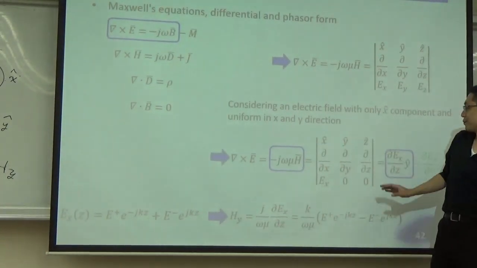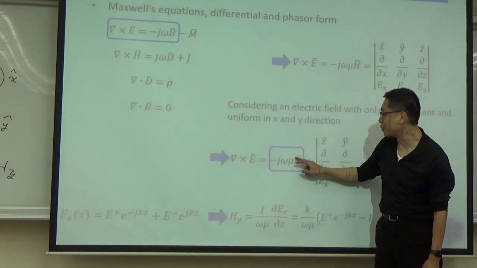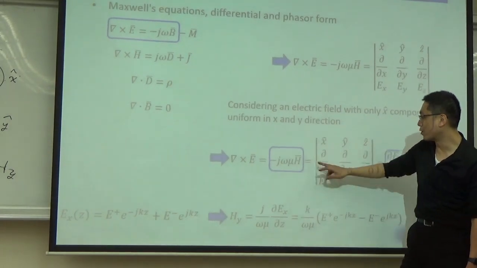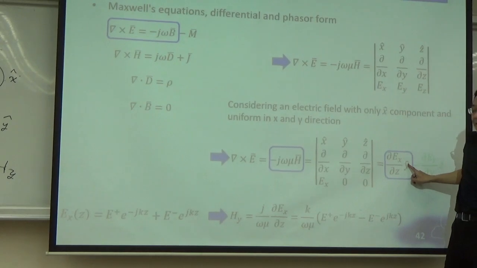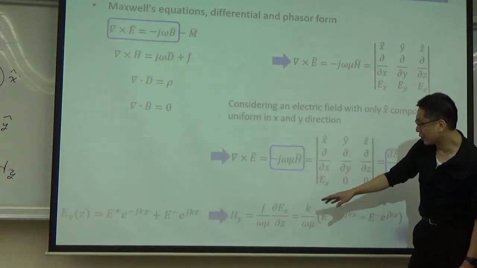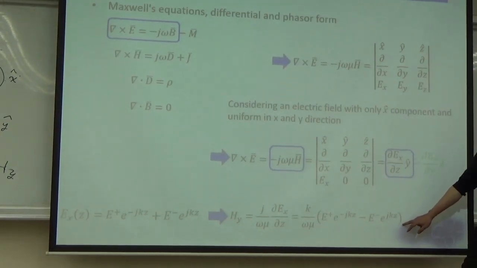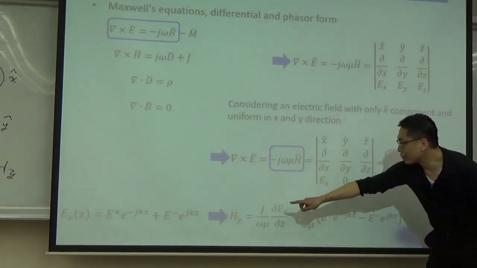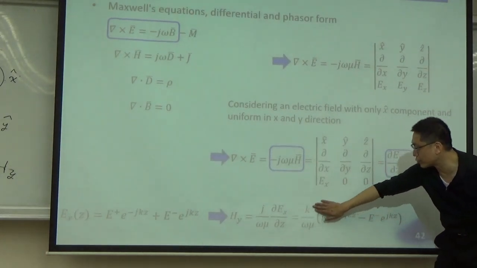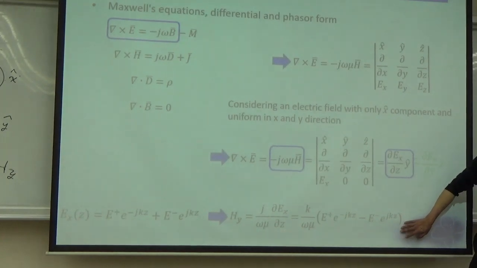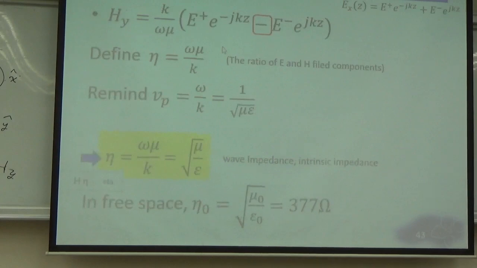Then you can obtain minus j omega mu H equals something. See, now it becomes Y. And with this term, you get a relationship between them. So finally you obtain HY equal to this one. Okay?